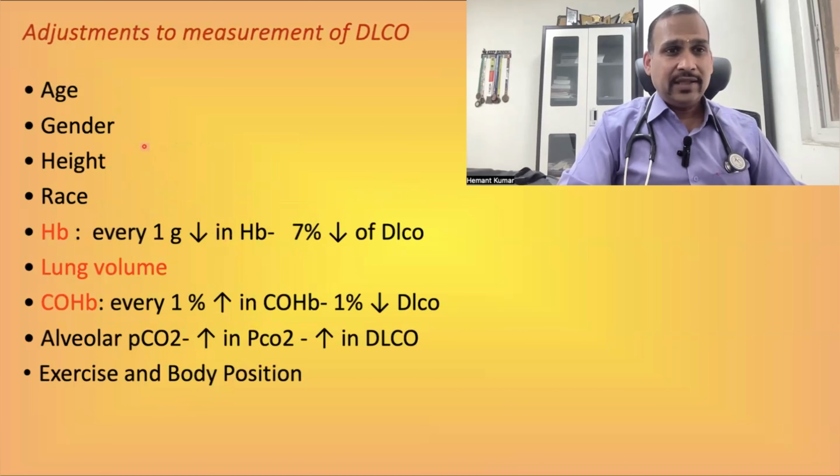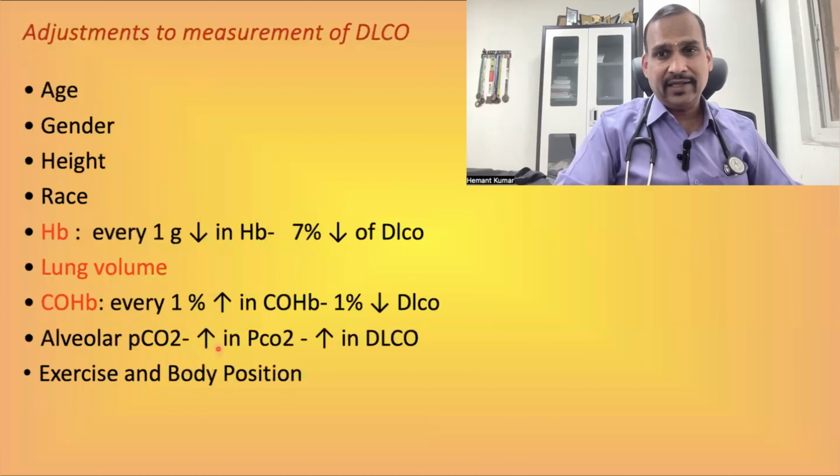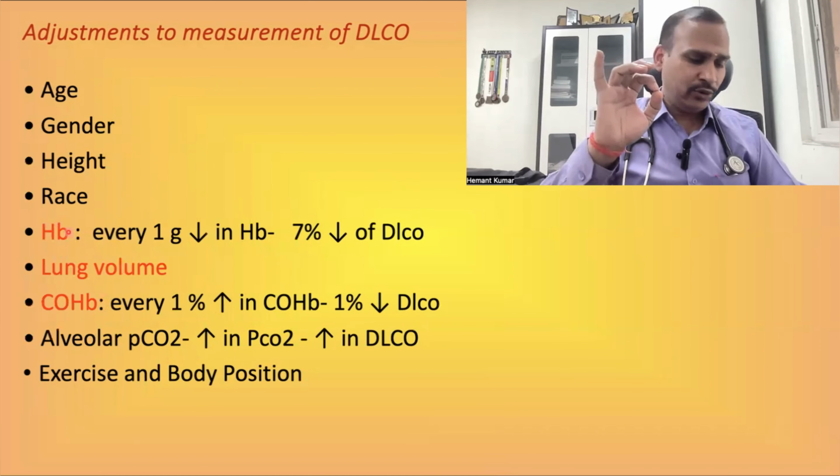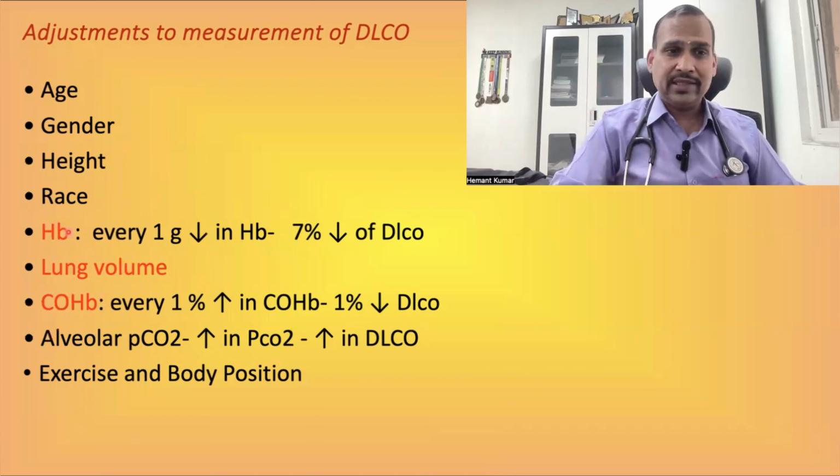Now we have to adjust the report according to these parameters: age, gender, height, race. The machine will automatically adjust. But others we have to fill in the report, like hemoglobin. This is, I would say, the most common problem, that the person who is doing DLCO doesn't know the hemoglobin of the patient.